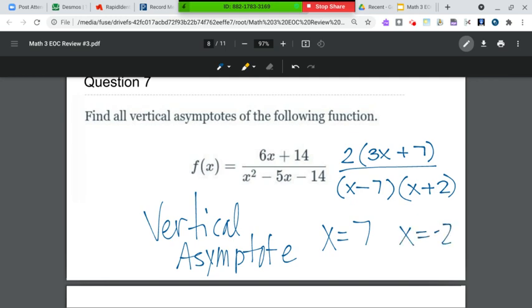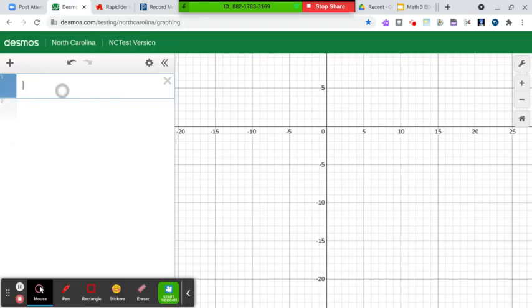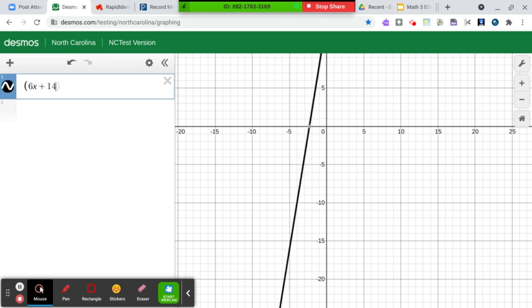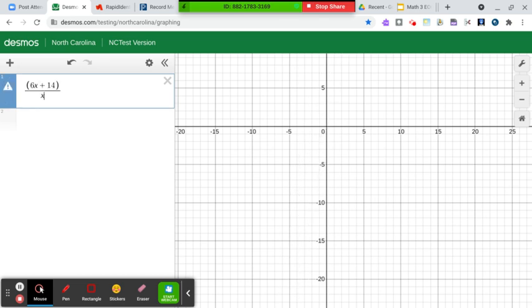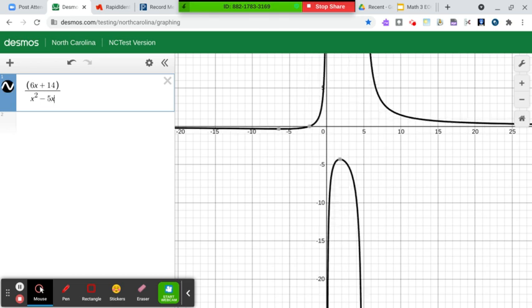Let me run you over to Desmos really quick so that you can visually see those vertical asymptotes. A lot of times it's good to get a picture in your mind. So I'm going to go over to Desmos, and at the top, I'm going to type 6x + 14, divided by, at the bottom, x squared minus 5x minus 14.